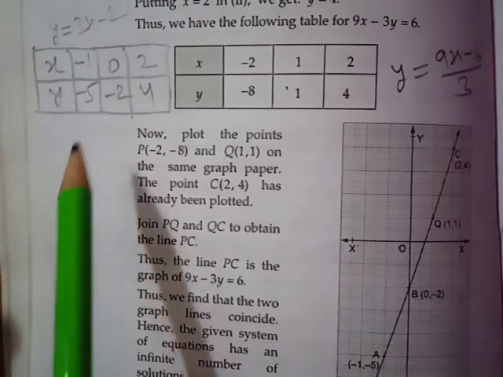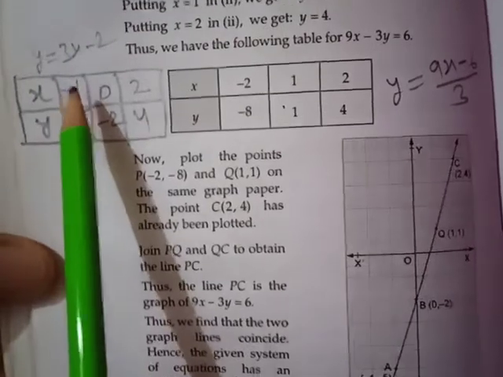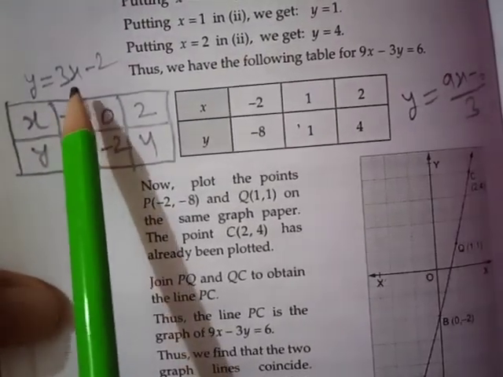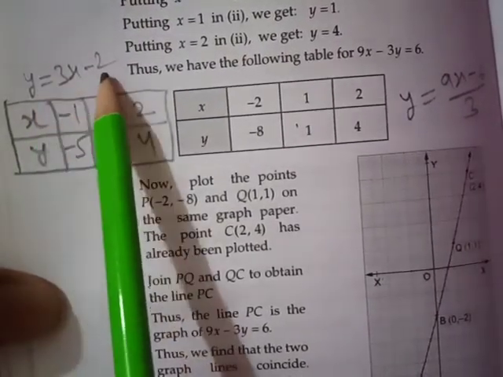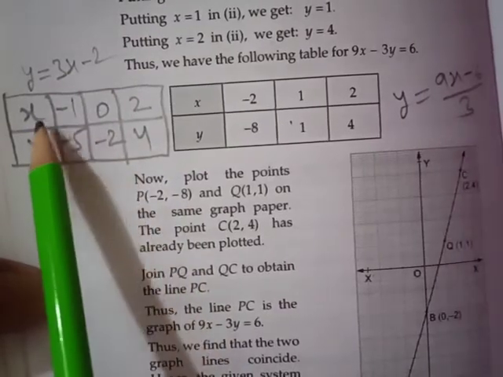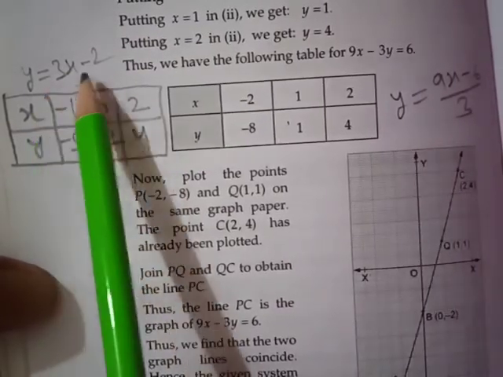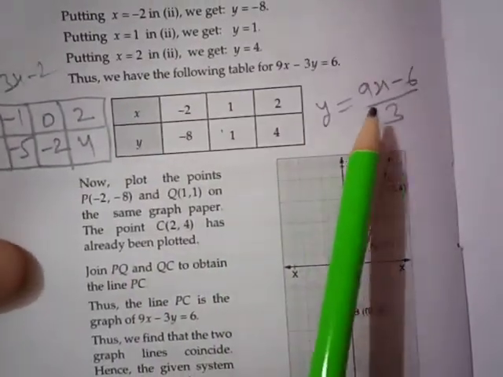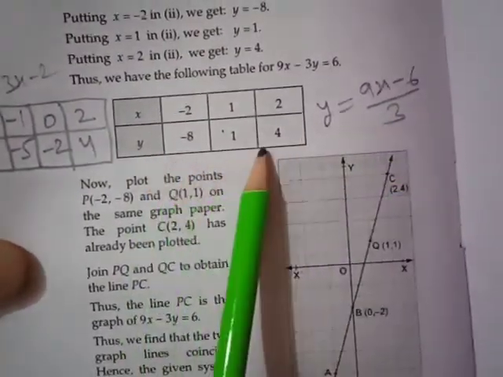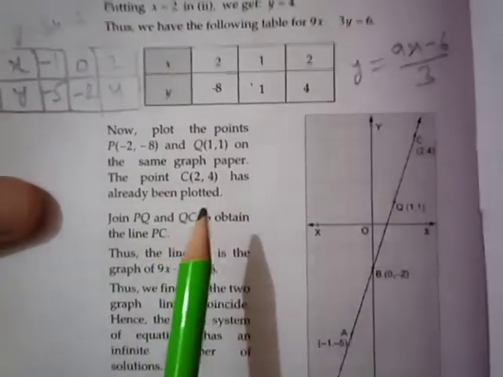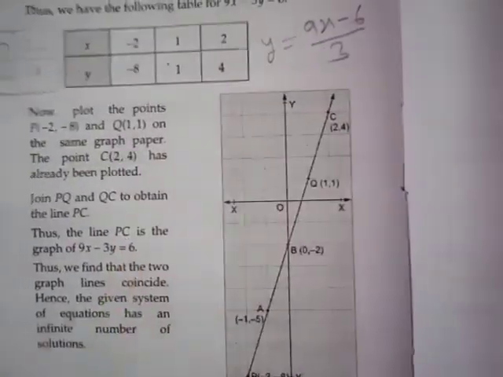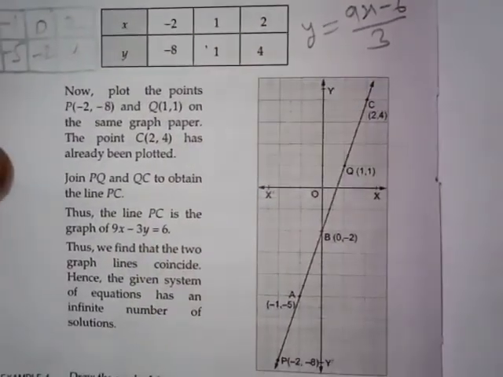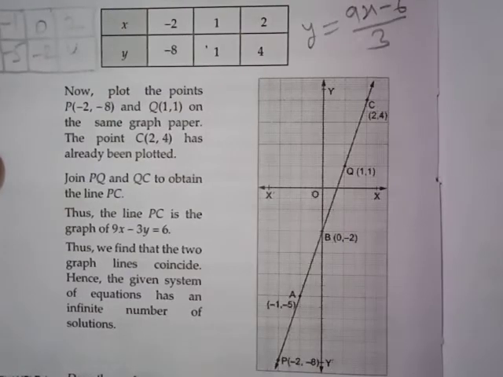Now as we are getting two tables for two equations, for y equal to 3x minus 2 the table is this, and for y equal to (9x minus 6) upon 3 the table is this. So plot these points on the graph. How will you draw?